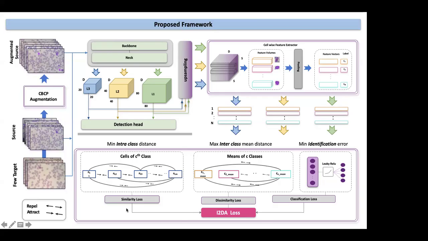The underlying criteria here is that we want to minimize the feature distribution difference between the source and target. Whether the object is coming from the target or the source, we want to minimize the distance within the class, and across classes, we want to maximize the distance.